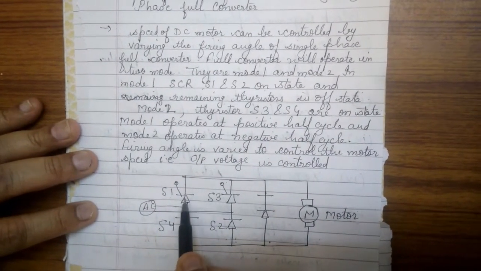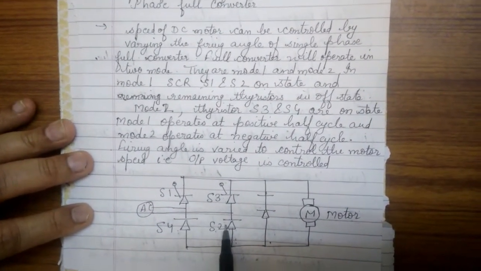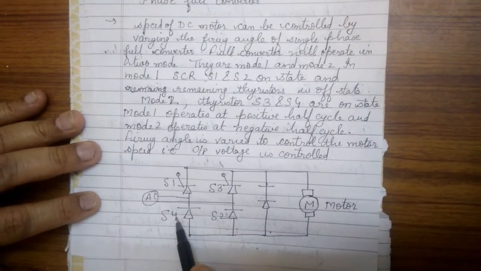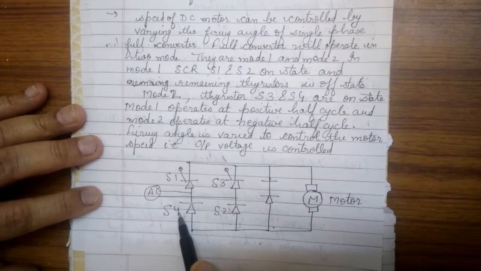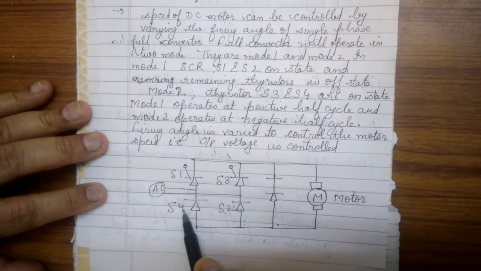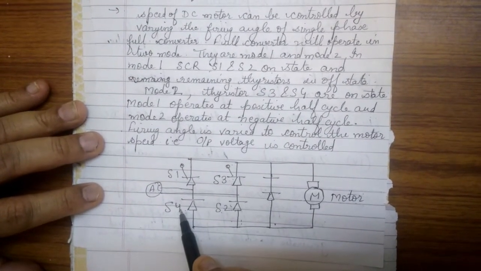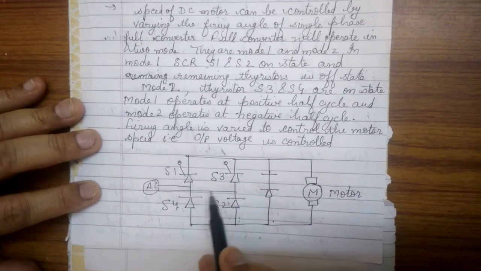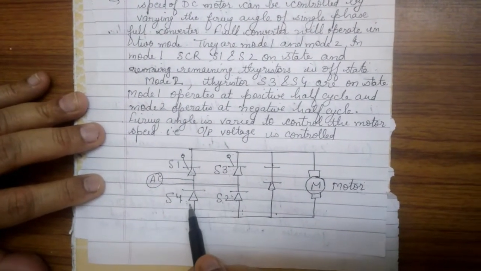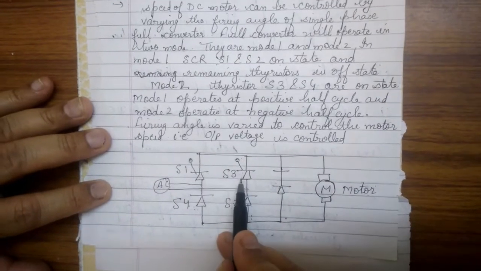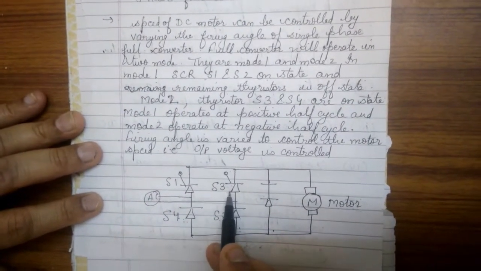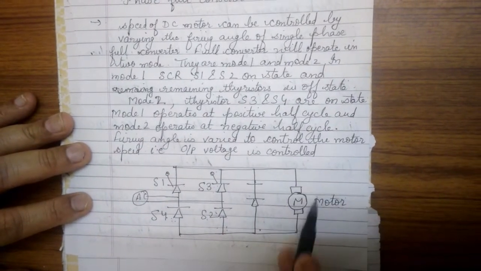This means that mode 1 will operate in the positive half cycle, and S3 and S4 will operate in the negative half cycle, or mode 2 will operate in the negative half cycle. So the firing angle is used to control the speed of the DC motor, and by controlling the firing angle, the output voltage will be controlled.